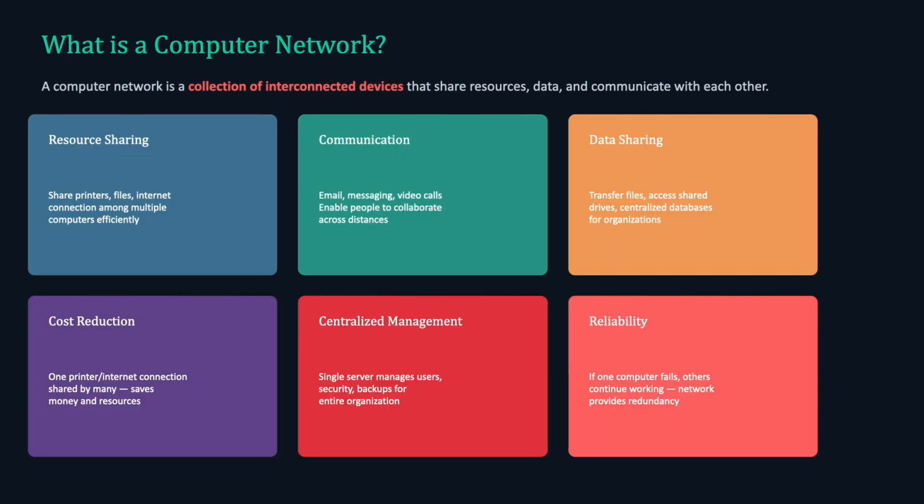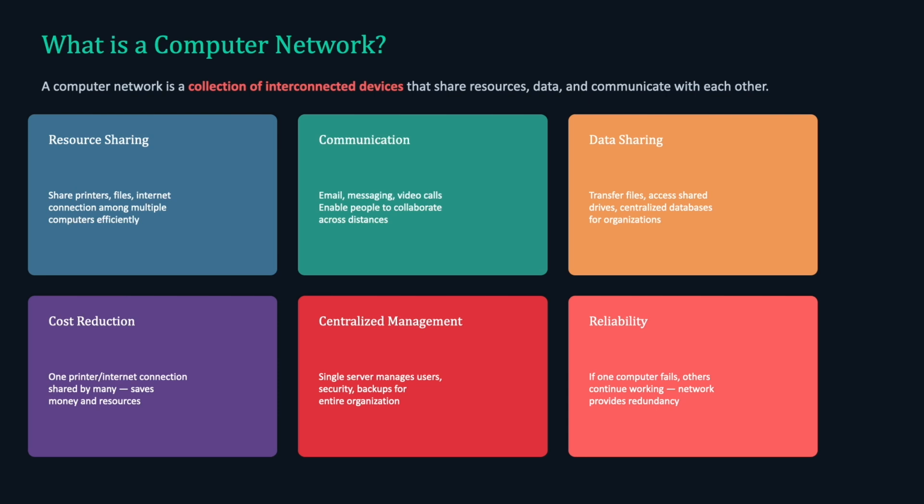A computer network is a collection of interconnected devices that share resources, data, and communicate with each other. Why do we need networks? Resource sharing lets multiple computers share one printer or internet connection.